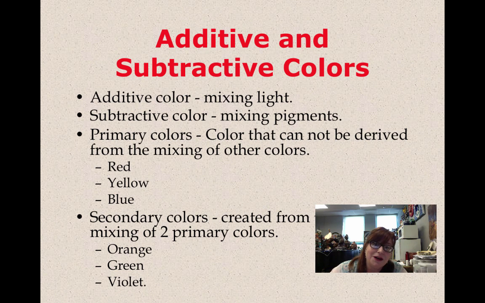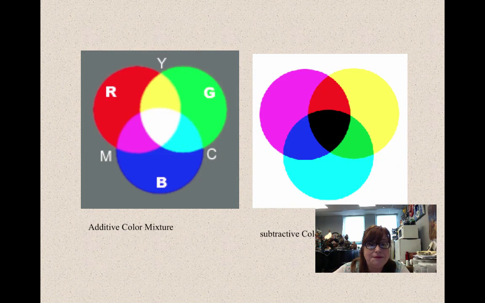Primary colors are colors that cannot be derived from the mixing of other colors, and hopefully you all know that the primary colors are red, yellow, and blue. Secondary colors are created from the overlap or the mixing of two primary colors. So with secondary colors you get orange, green, and violet.